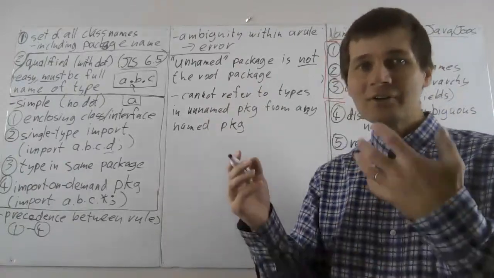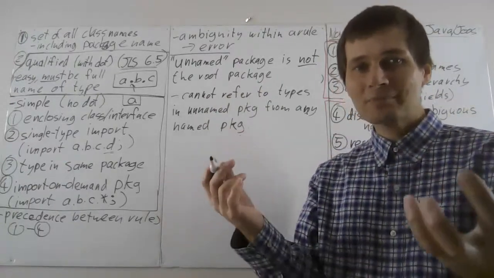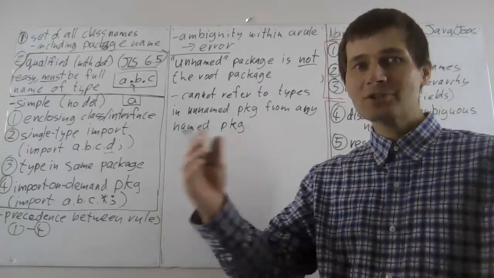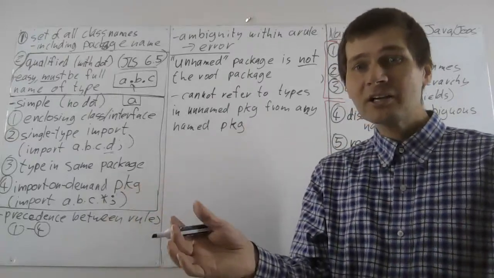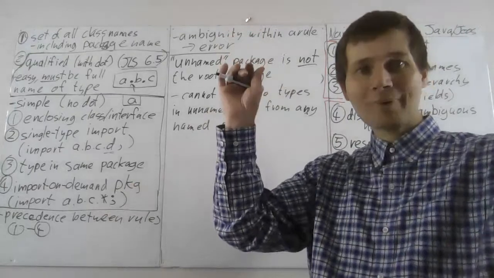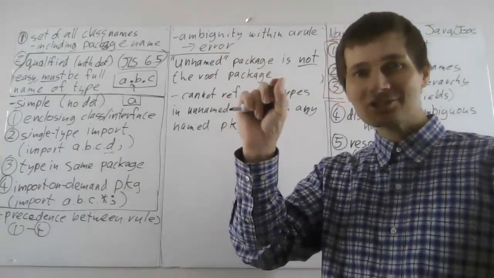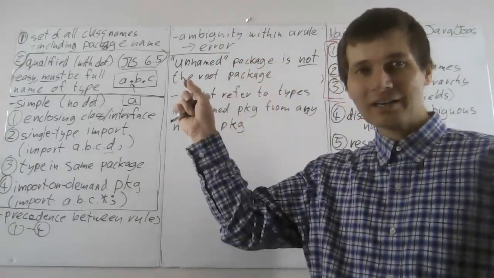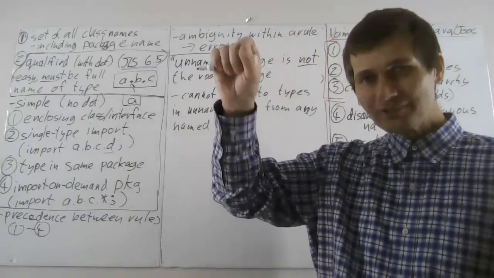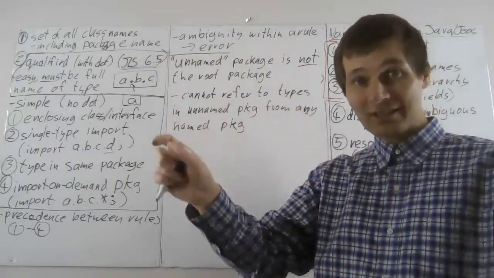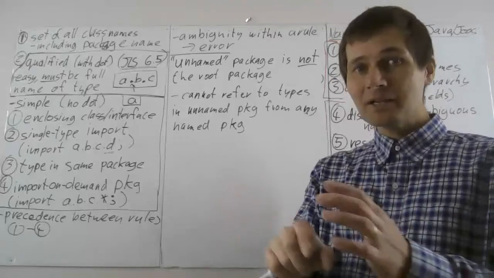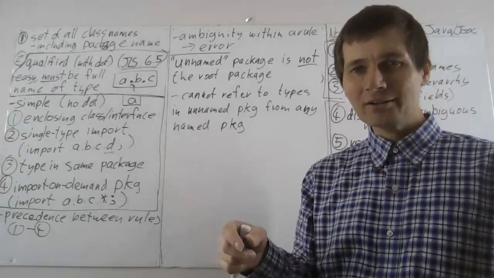Okay, so when you go to implement this, there's a temptation to think, if there's no package declaration, that must mean I'm in the root package, or a package whose string of package names is the empty string. But that's not the case at all.